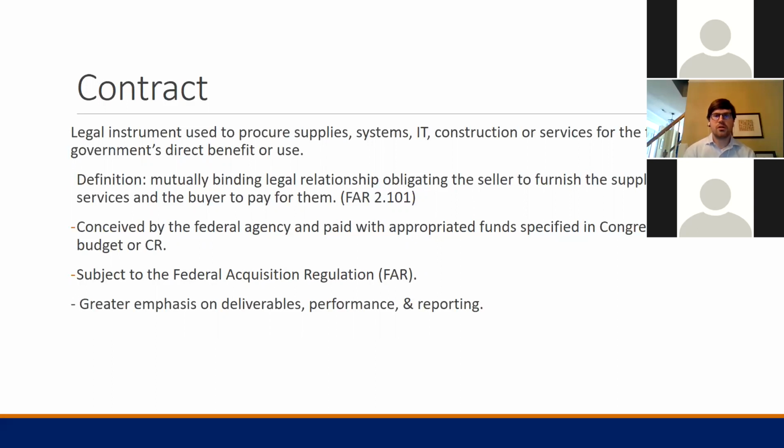And so each federal agency is going to be budgeted with appropriated funds that are specified in an annual congressional budget or a continuing resolution, and those funds are going to be specifically allocated through a very complex system of accounting lines to permit the spending of this money.